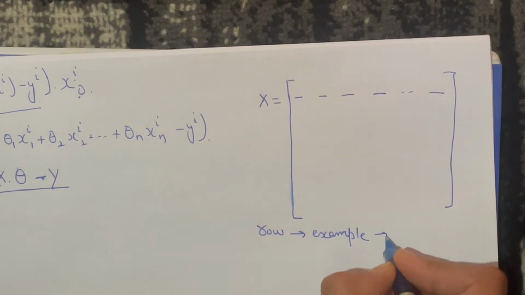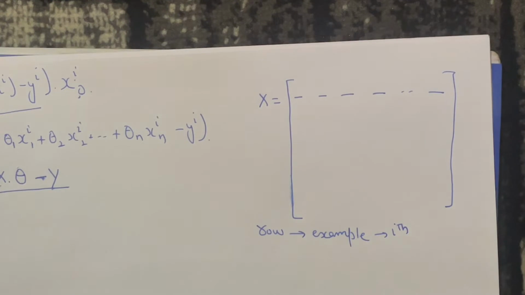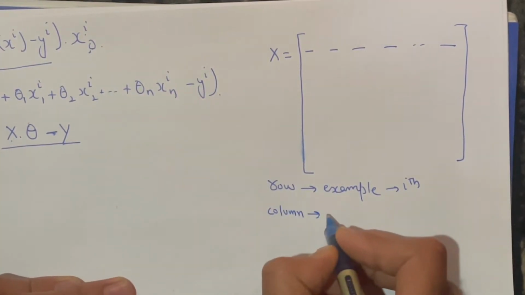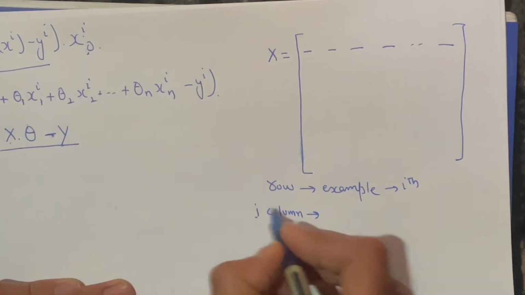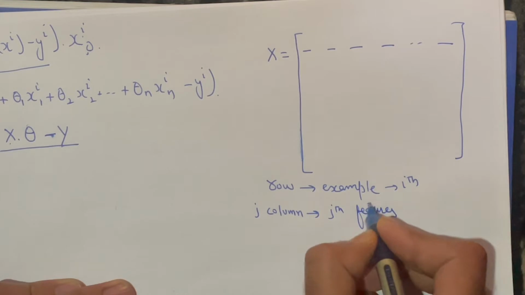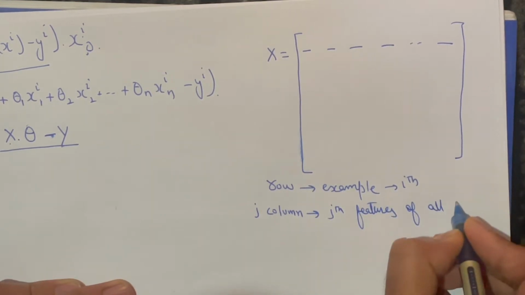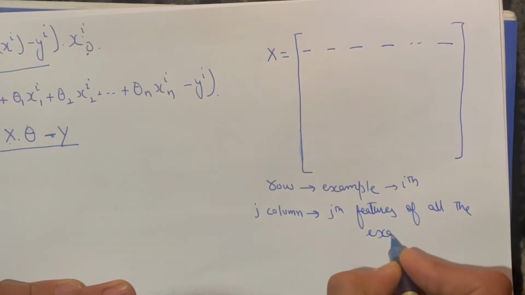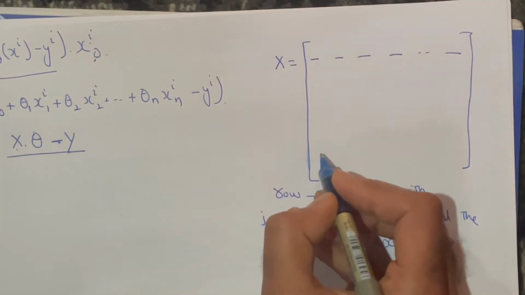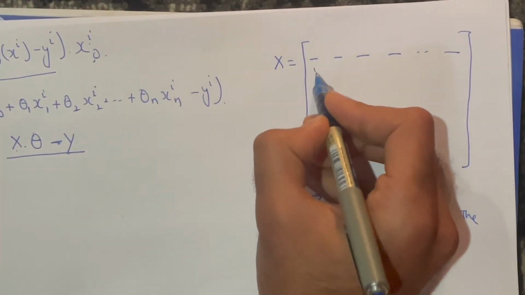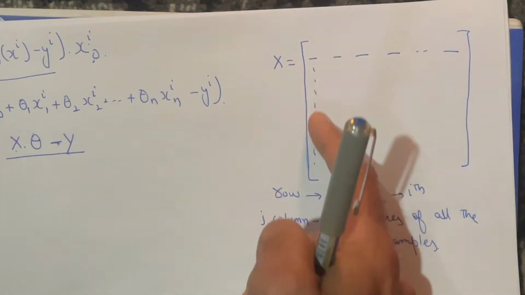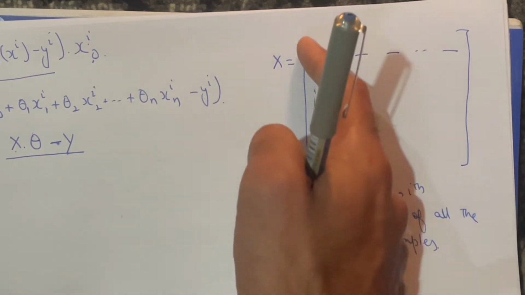For example, the ith row means the ith example. And every column represents, let's suppose the jth column represents the jth feature of all the examples. So the first column represents the first feature of all the examples.